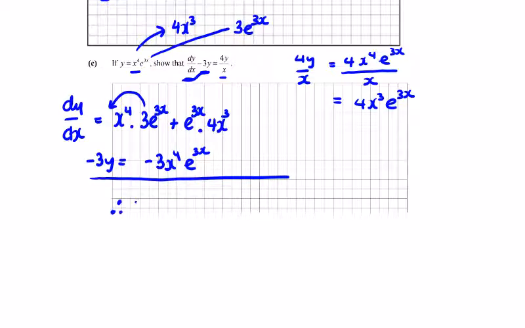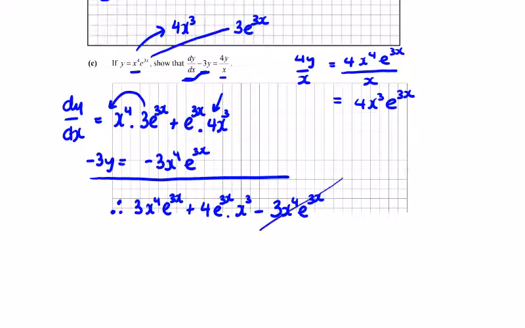We can just say therefore 3x to the power 4 e to the power 3x plus 4e to the power 3x by x cubed, this 4 in front. And then we're going to have underneath minus 3x to the power 4 e to the power 3x. So in fact they cancel. This one and this one are the same. And that would have to be equal to 4x cubed e to the power 3x.